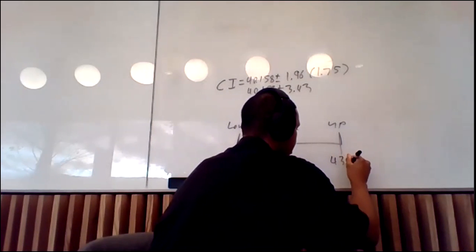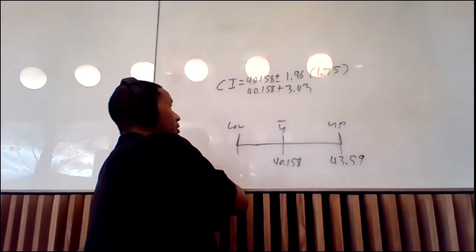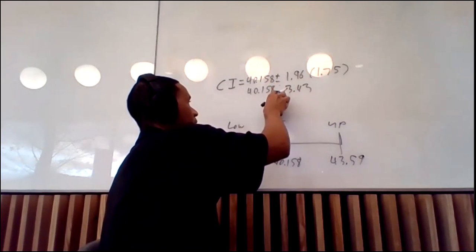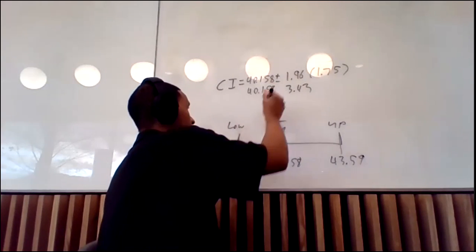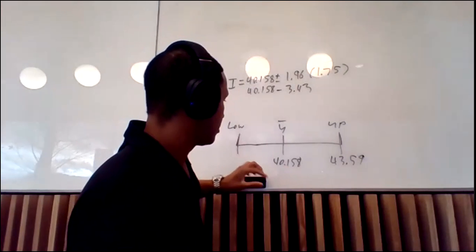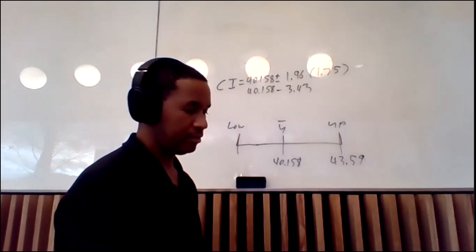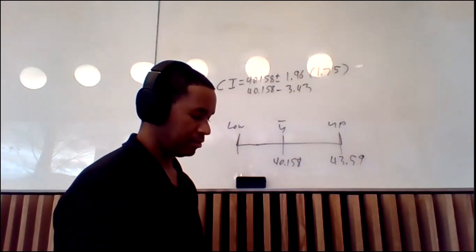So we go 43.59. And then when you subtract 3.43 from 40.158, you get what? The lower bound. 36.73.